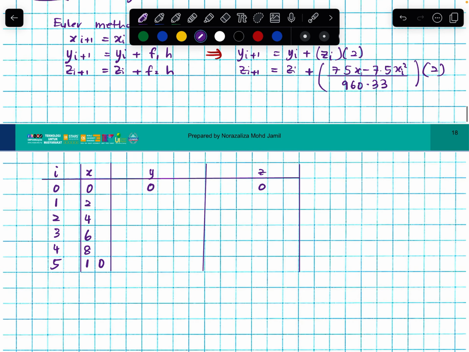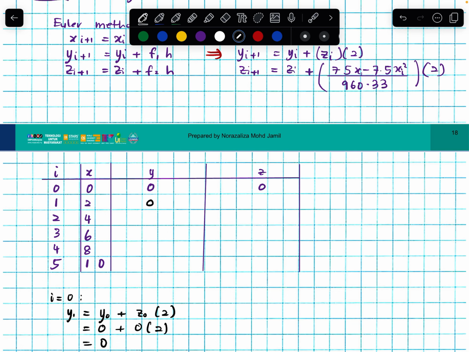Now you have to find y1. At i equal to 0, y1 is y0 plus z0 times 2, which is 0 plus 0 times 2, and the result is 0.